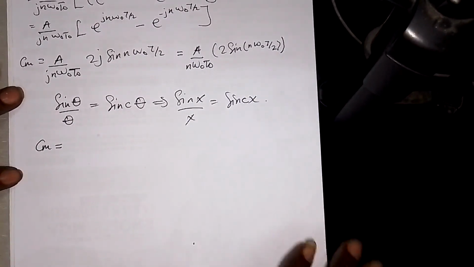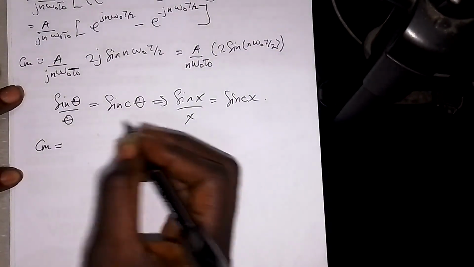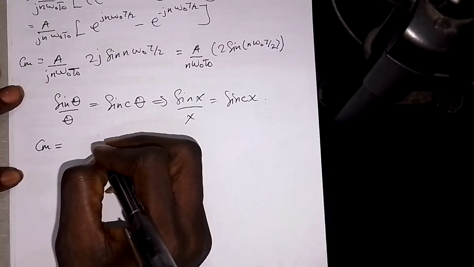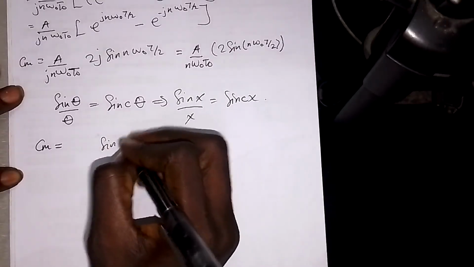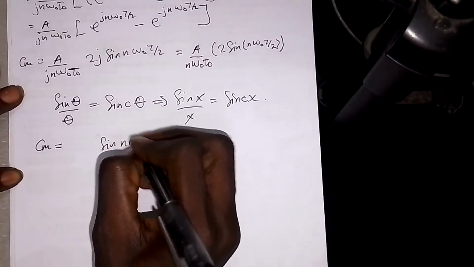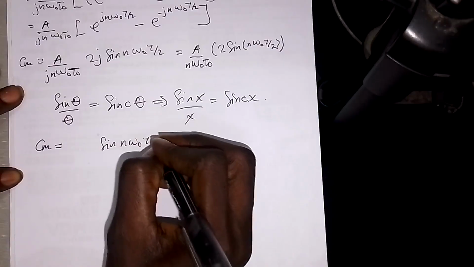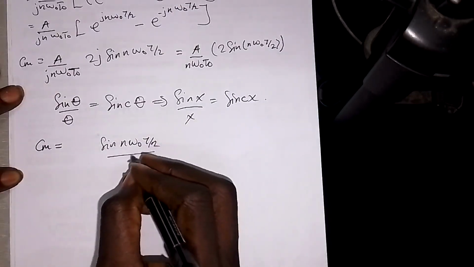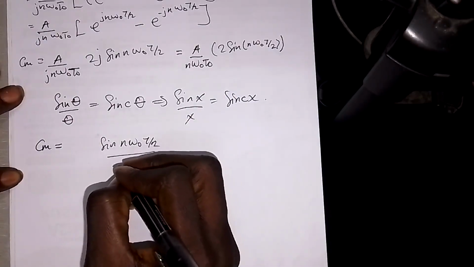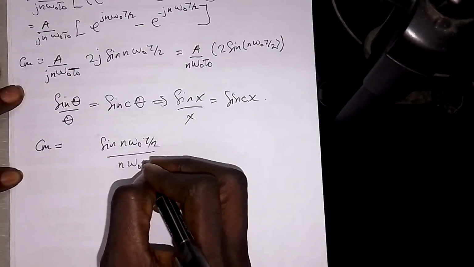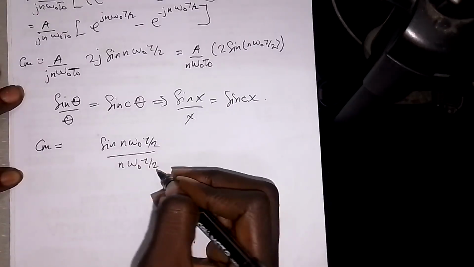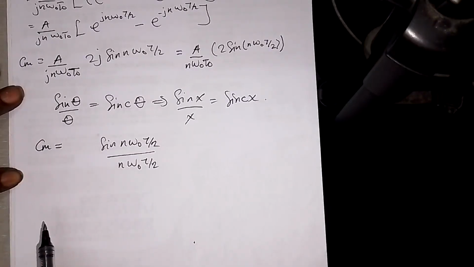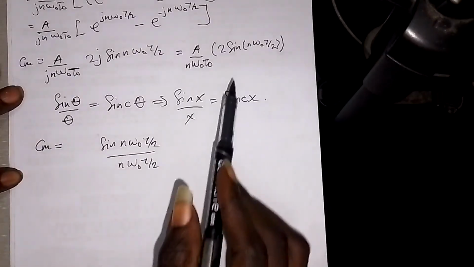Now I want to write this in terms of sinc. In terms of sinc, I'm going to have sine n omega naught into tau on 2, over the same thing, n omega naught into tau on 2. So this one is in this particular format. But you have to consider this place.